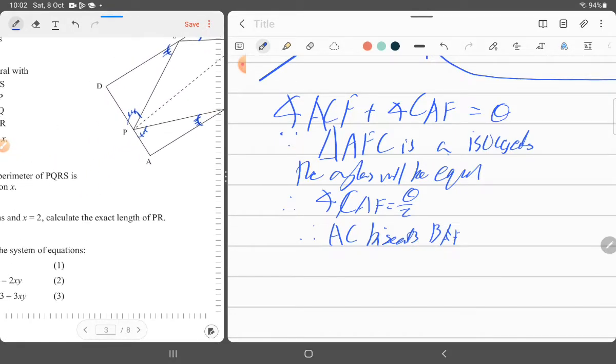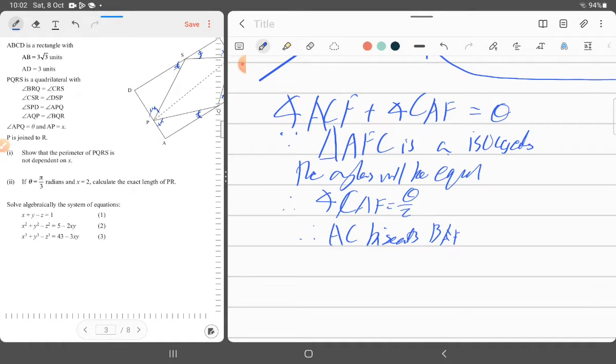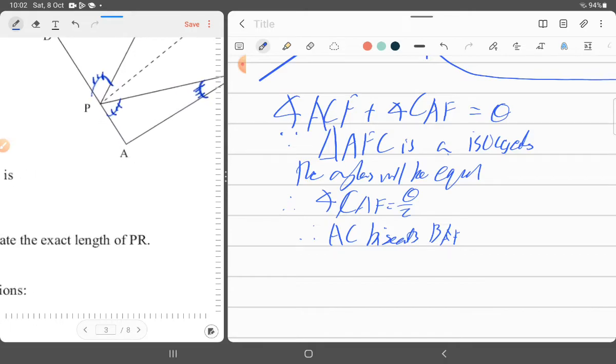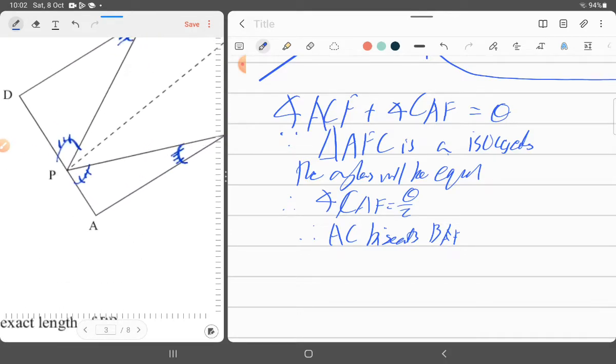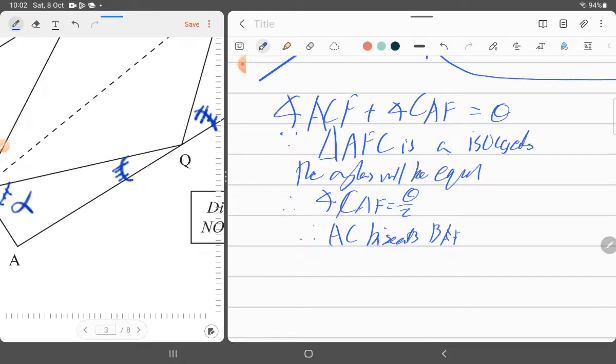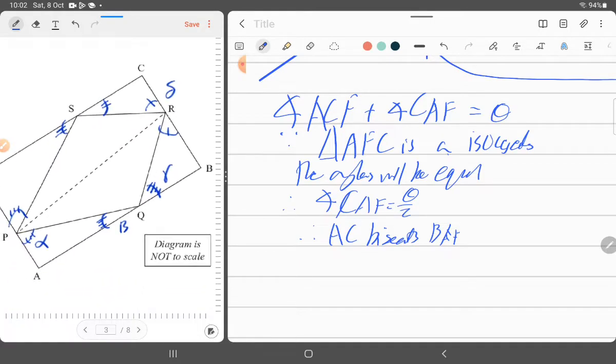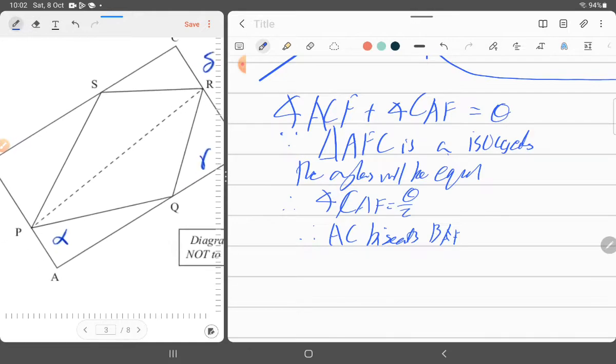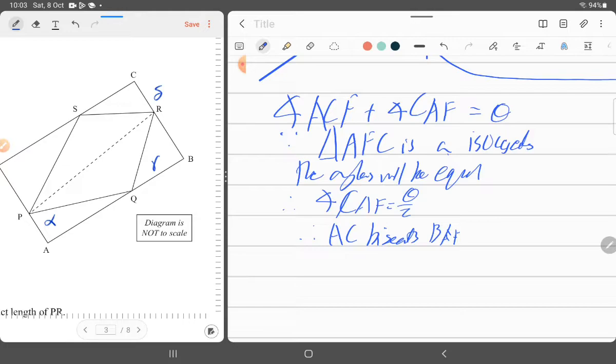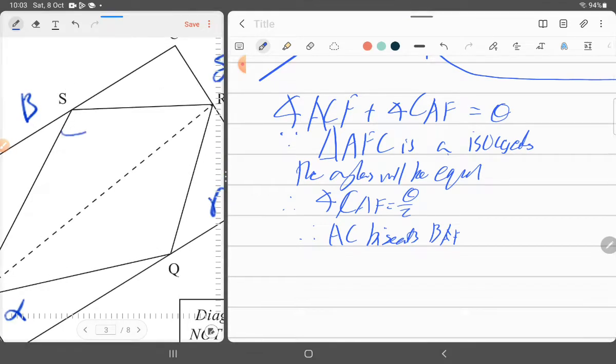So this is what is essentially... okay, I'm gonna let this angle be alpha, beta, gamma, and delta. So with that, oops, I rubbed out a beta. This, oh no, this is beta. So this angle will be 180 minus beta.